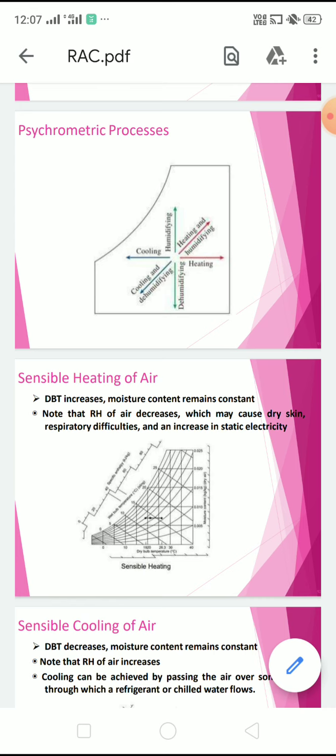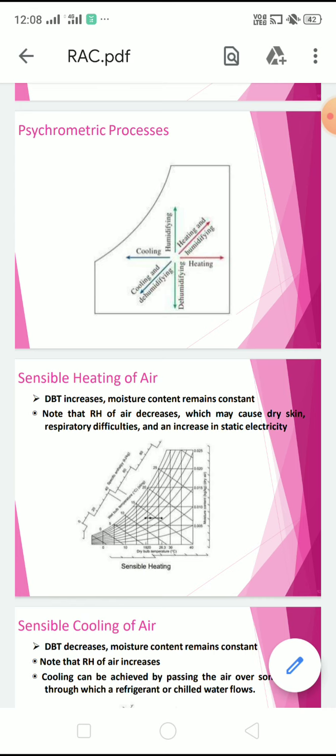Humidifying is the vertically upward direction, dehumidifying is the vertically downward direction. Towards the left it is cooling, and left bottom it is cooling and dehumidifying.